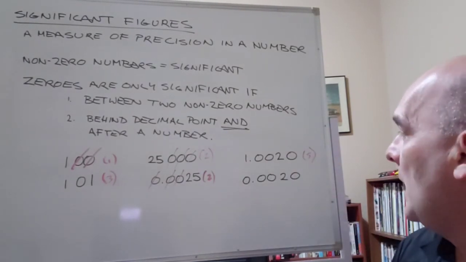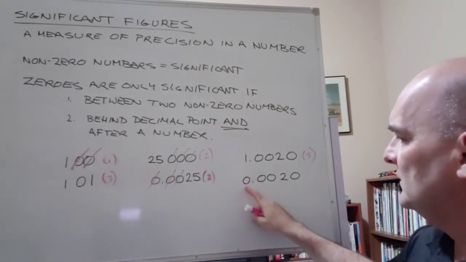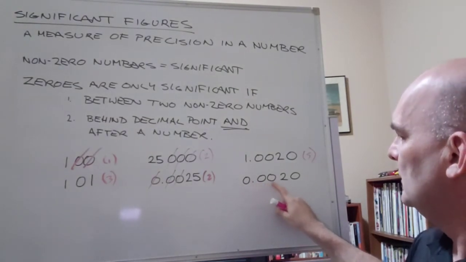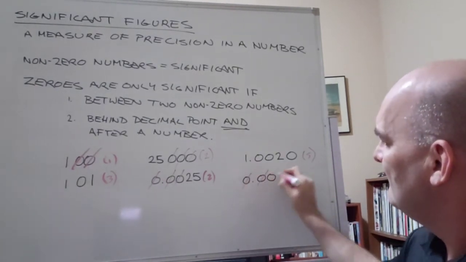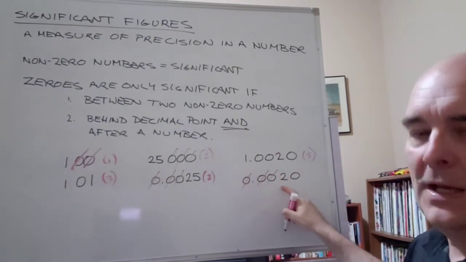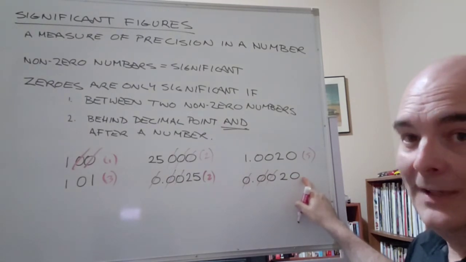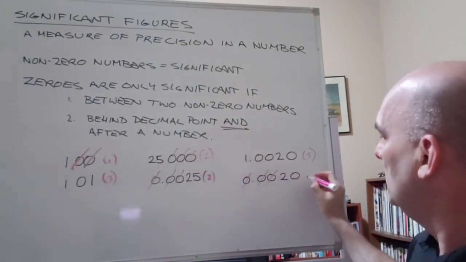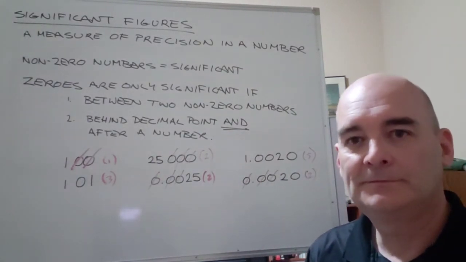That number has 5 significant figures. This number, 0.0020, the leading zeros don't count. The final 0, the trailing 0, is after a real number, and so it counts.